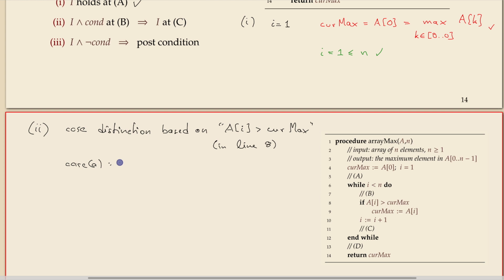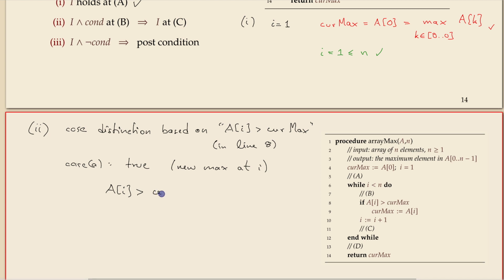Case A is that this is true. So A[i] is bigger than the current max. That means we have found a new maximum, right? Let me copy it. Okay, so that's all we know so far.